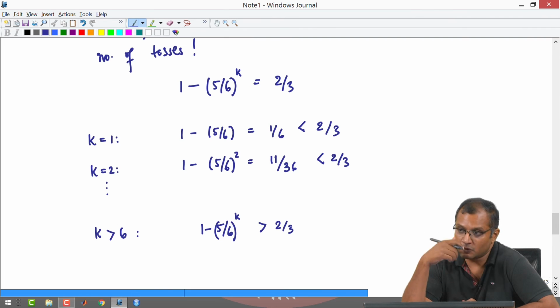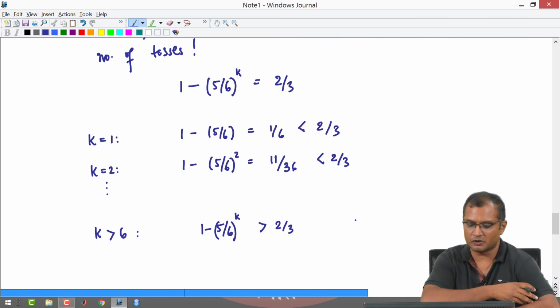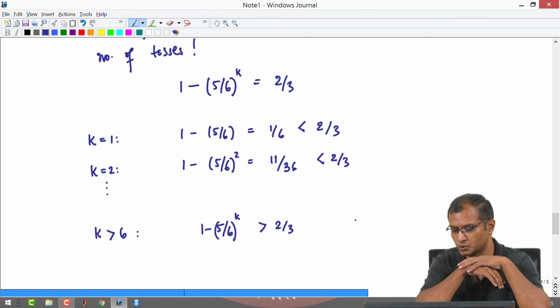So, a larger power would only make (5/6)^k smaller, which means 1 minus (5/6)^k will become larger. Typically for k equals 7, you will see that the probability becomes greater than 2/3.